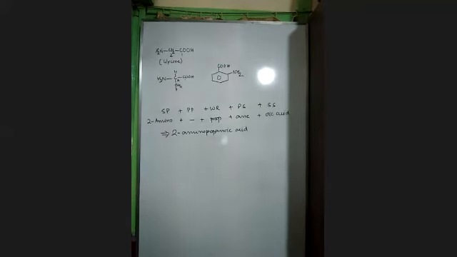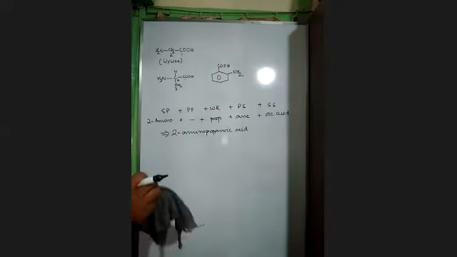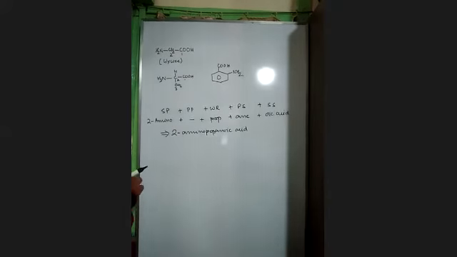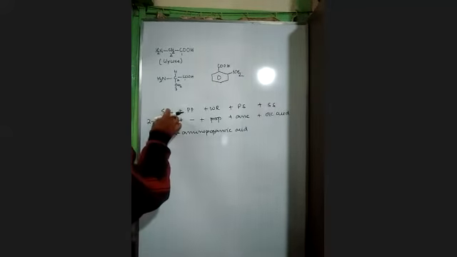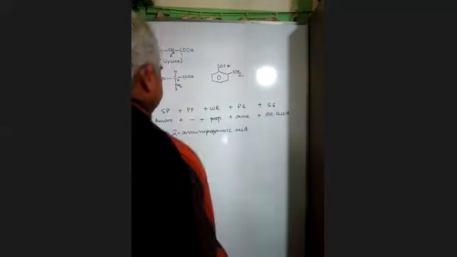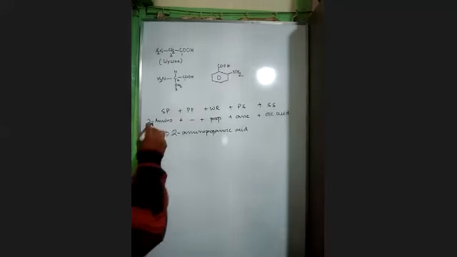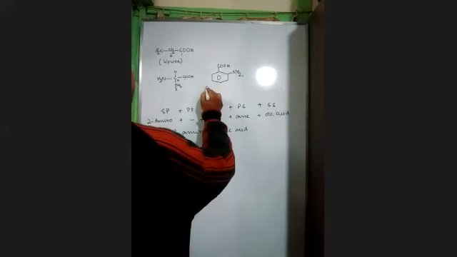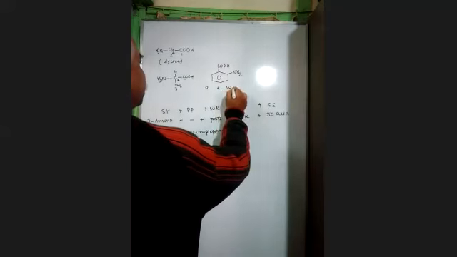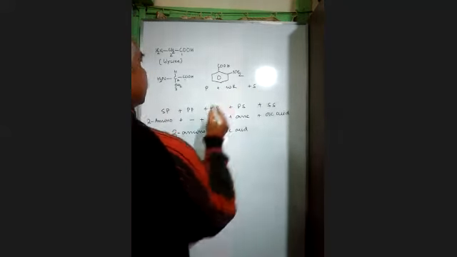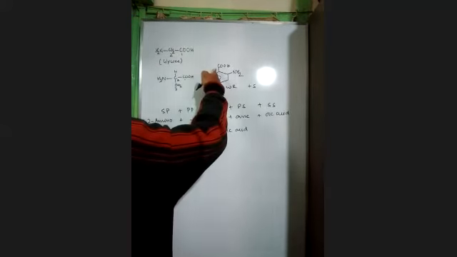So in that case, what will be the name? We know for an aromatic compound, only prefix, word root, and suffix are there. So it is prefix, word root, and suffix.